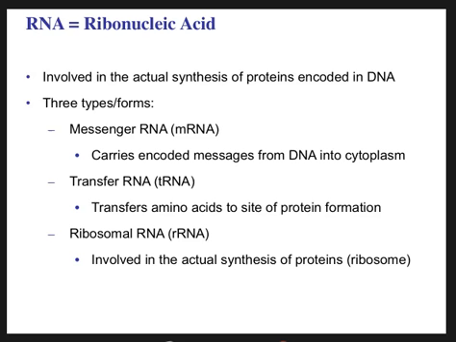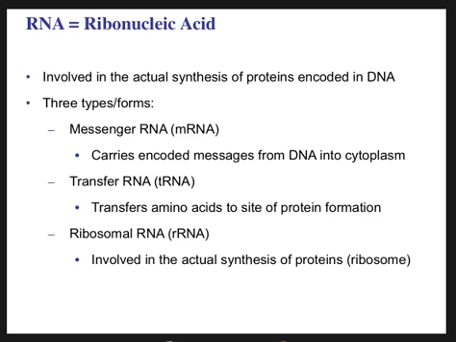The function of messenger RNA, by the way, is formed in the nucleus of the cell. And the function of it is to carry the encoded message from the DNA into the cytoplasm. That process is called transcription. We'll talk extensively about that later in the semester.